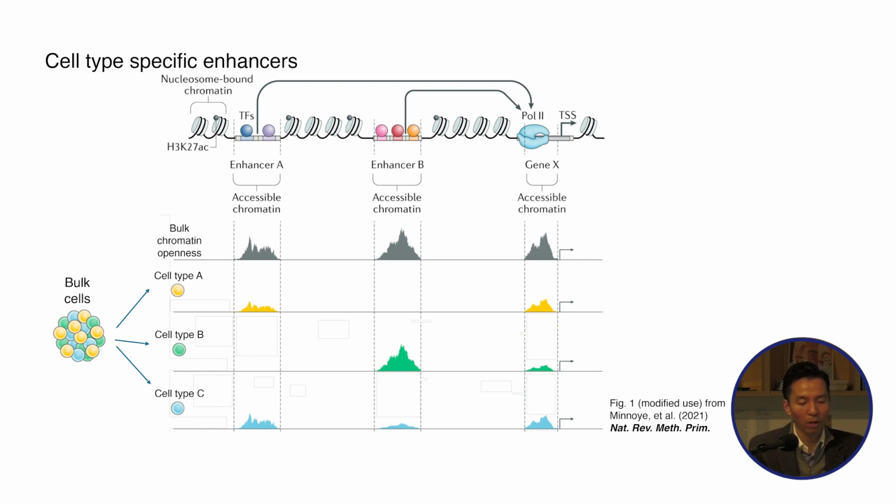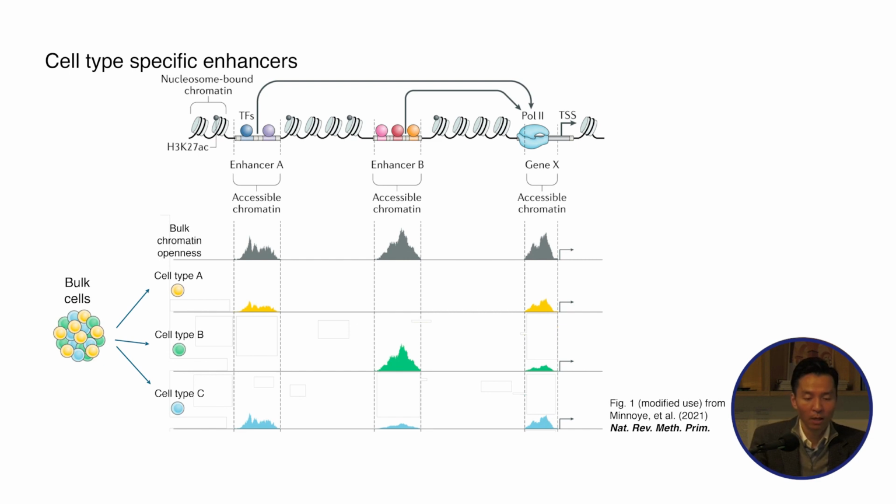So in the bulk population, bulk cells, there are multiple enhancers discovered through the chromatin accessibility quantification, but in reality, some enhancer is only active in one cell type, but not the others.